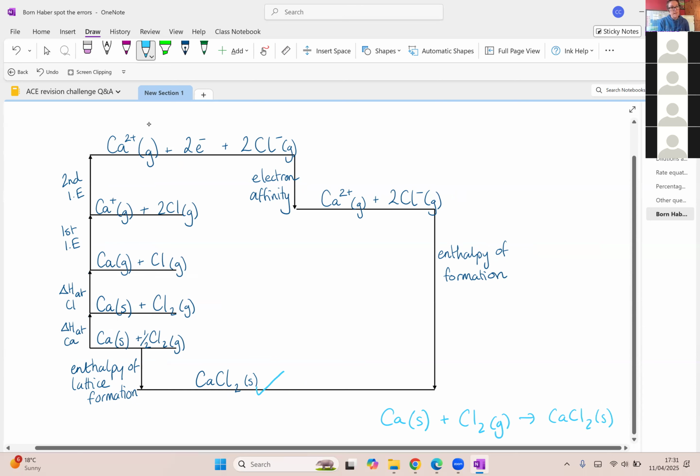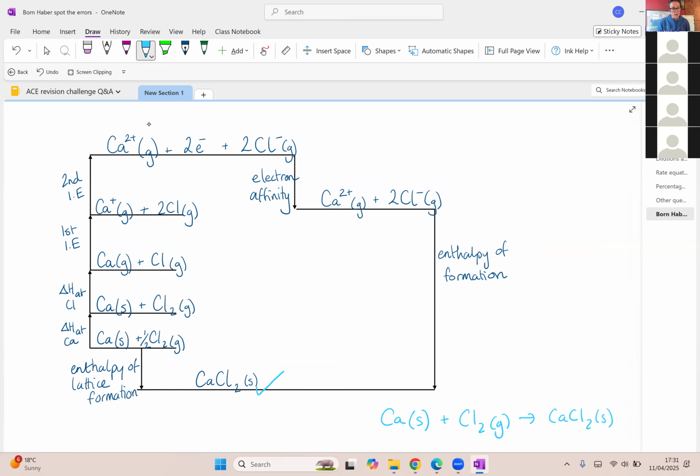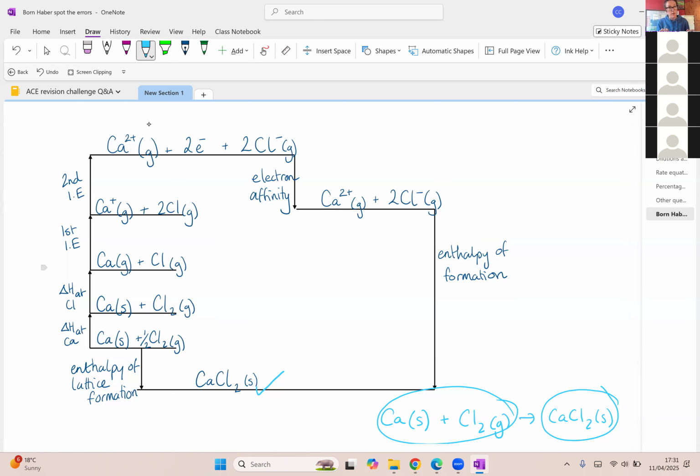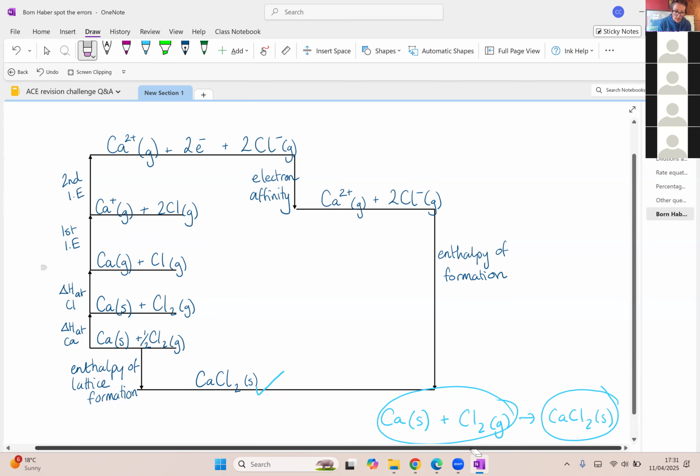So the lines on the Born-Haber cycle, the energy levels, are just either the reactants or the products of a chemical change. And the arrows are just the reaction arrows. So they go in the directions they go in because they are particular reactions.